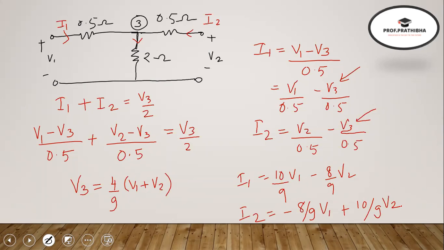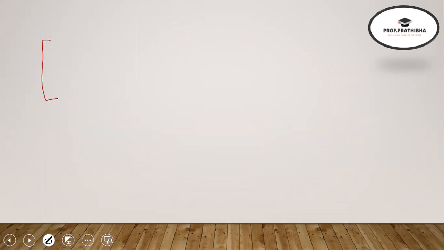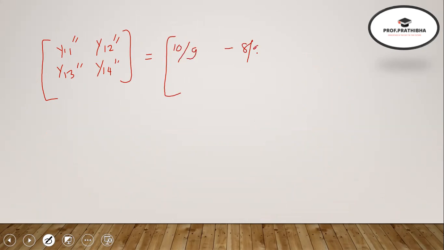So once you've got these two equations, you've got your Y parameters. These Y parameters are Y11 double dash, Y12 double dash, Y21 double dash and Y22 double dash, and this becomes equal to 10 by 9, minus 8 by 9, minus 8 by 9 and 10 by 9. So this is what you're getting.